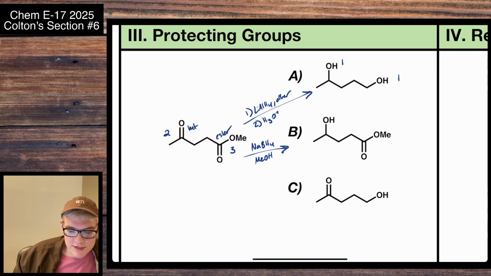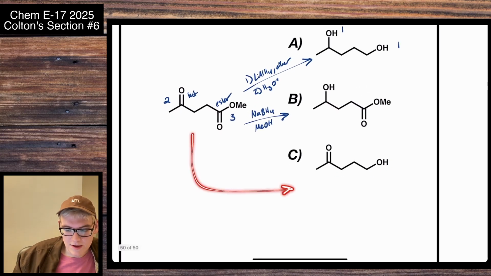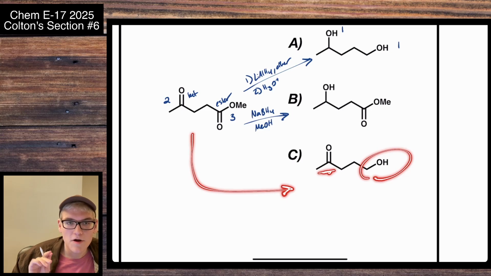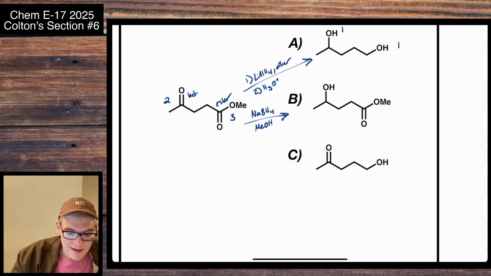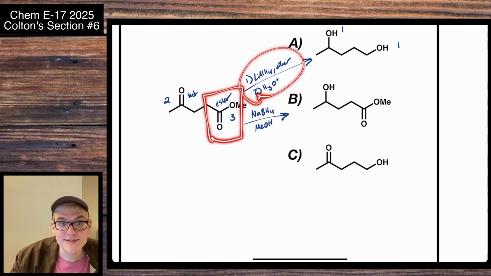But now, if we were to try to do this, where we reduced the ester but not the ketone, that is harder. And this is where this idea of protecting groups comes in. We know that lithium aluminum hydride is the only way that you've learned in this class to reduce an ester.